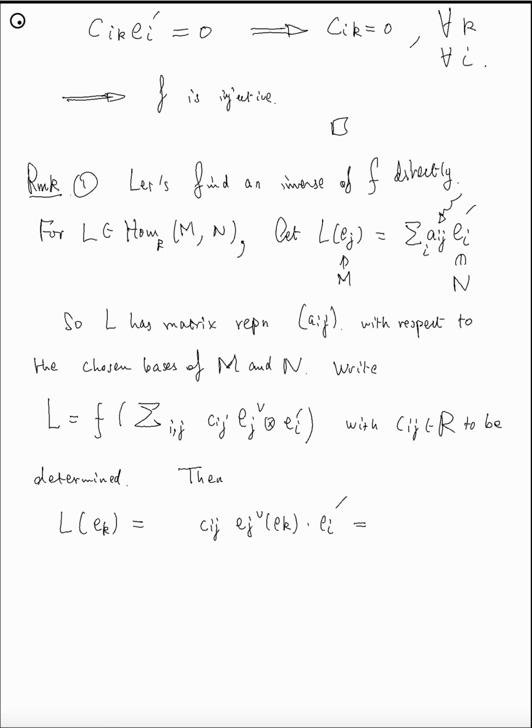Again, this would be just c_ik for all the i, because j must equal k to be non-zero, times e_i prime. So the conclusion is c_ik equals a_ik.